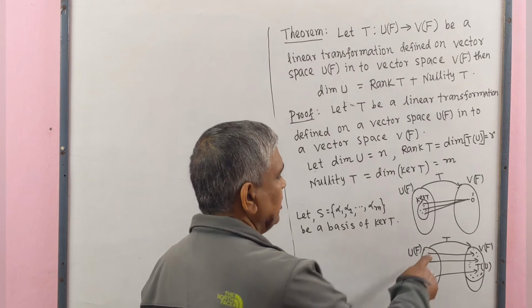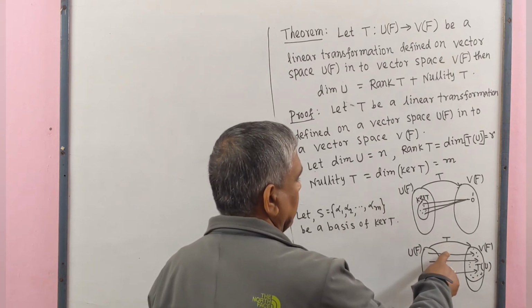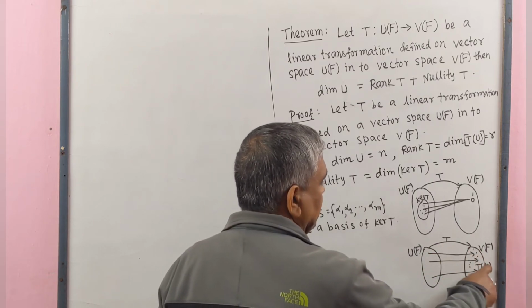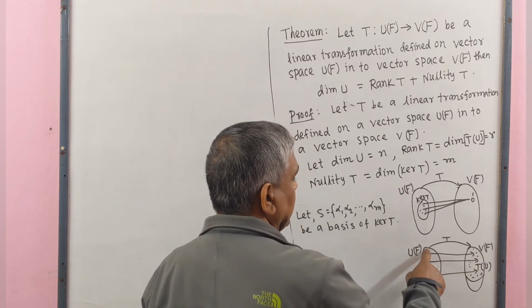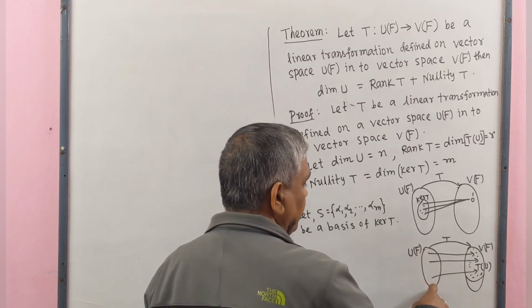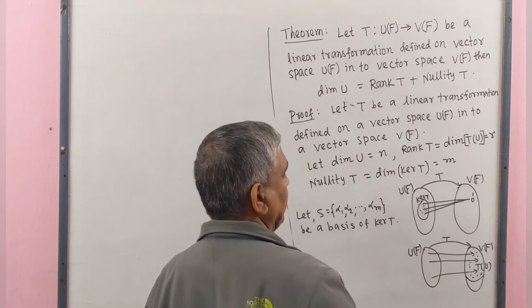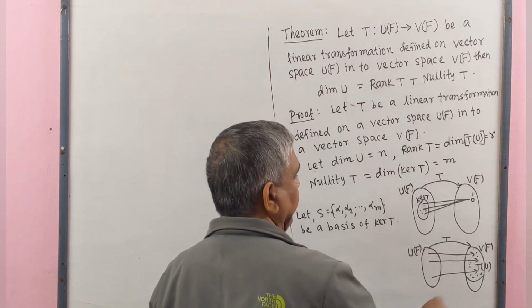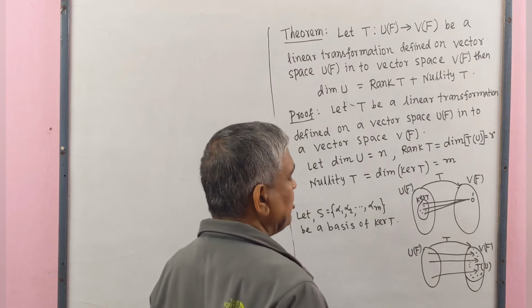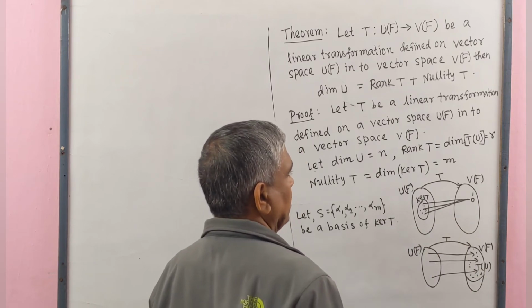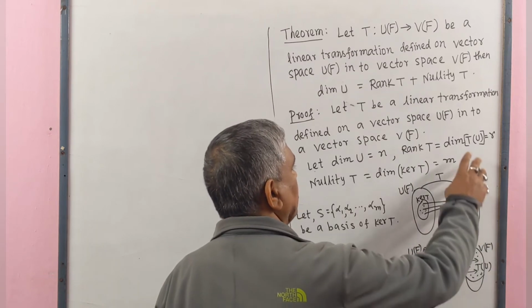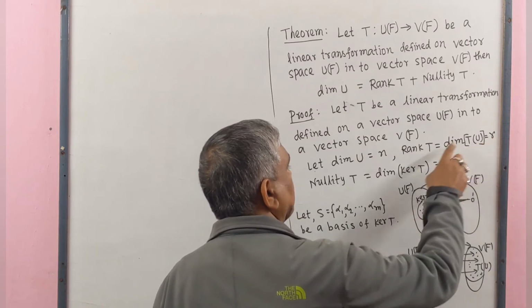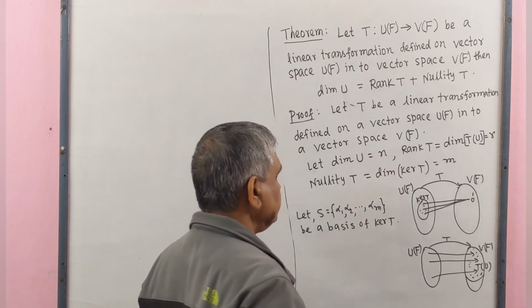Here we see that T(U) contains all images of elements of vector space U(F), and T(U) is a subspace, and dimension of T(U) equal to r is called rank of T.